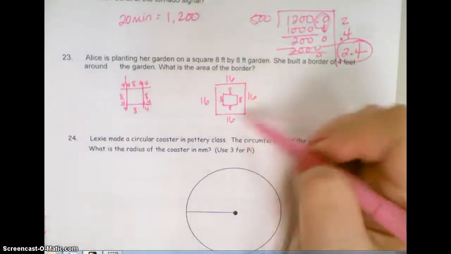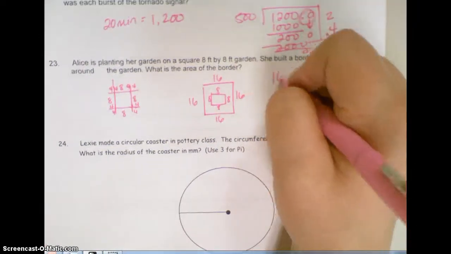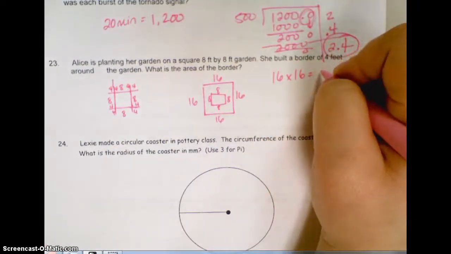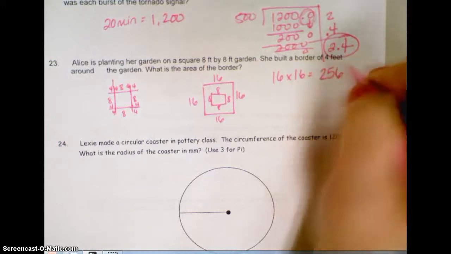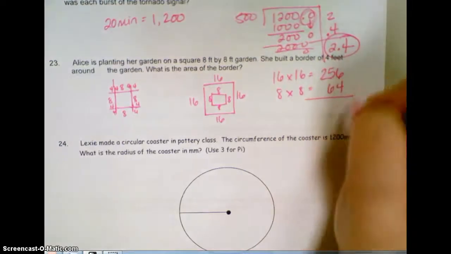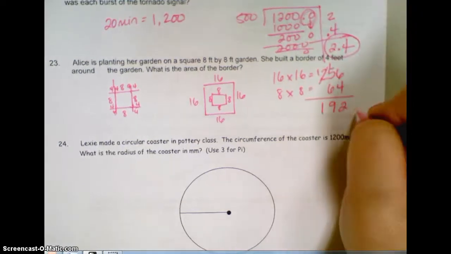I need to take the area of the outside and subtract it from the area of the inside. So 16 times 16 is what? It's 256. 8 times 8 is 64. When I subtract this, 192 feet squared.